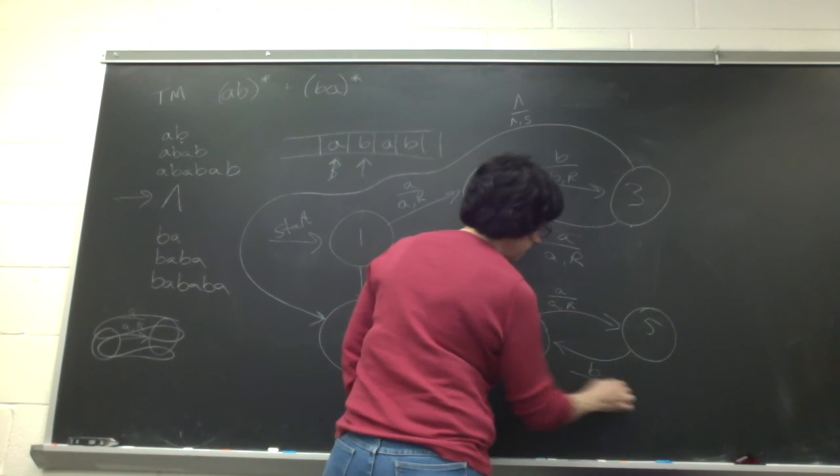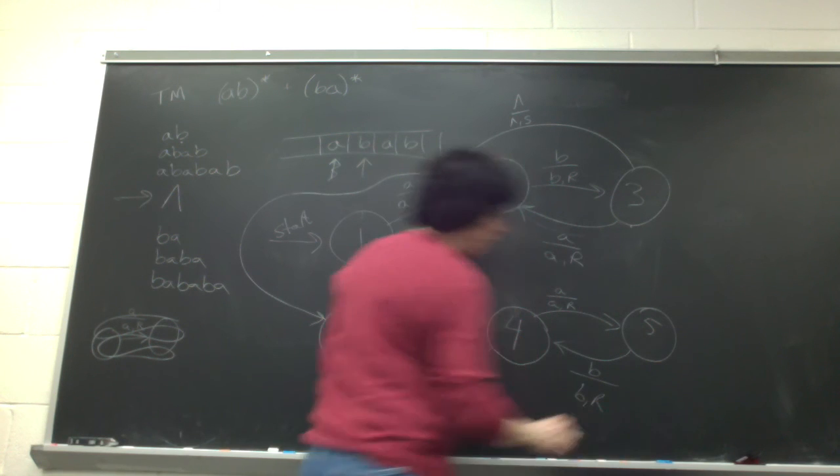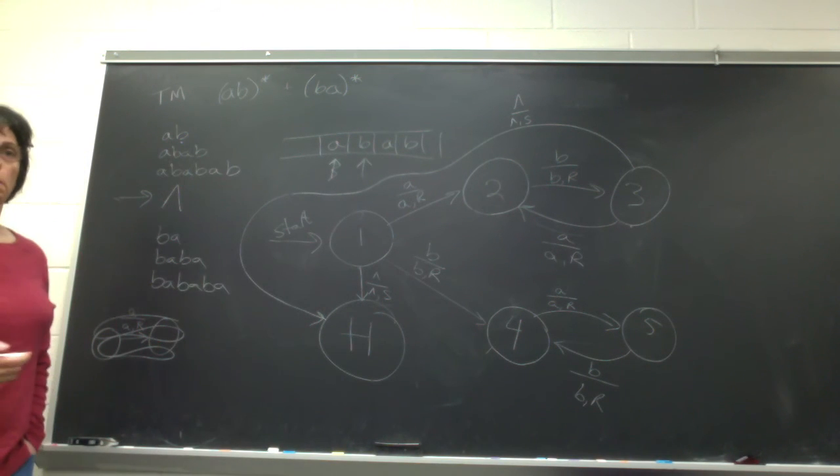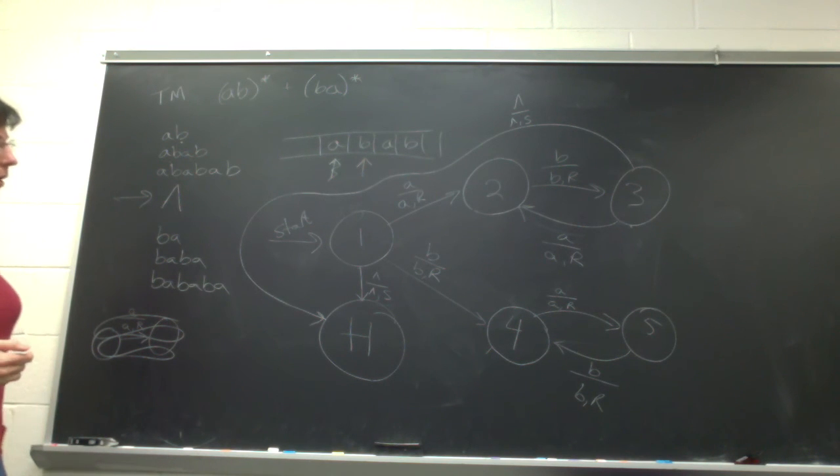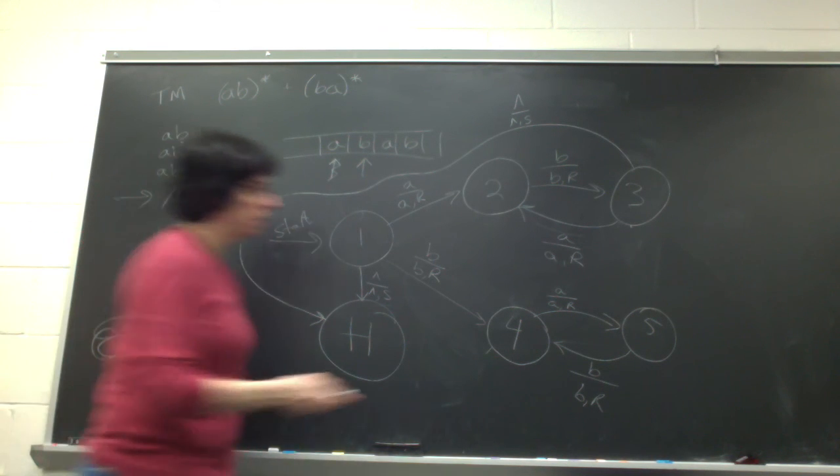If I see a B, write a B and go right. And am I done? No, what's missing? I gotta have that out for lambda, right? So where do I say if you see a lambda, get out of here? What state? Yeah, 5, right?